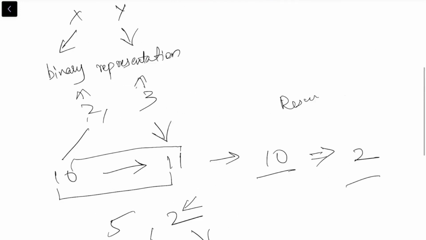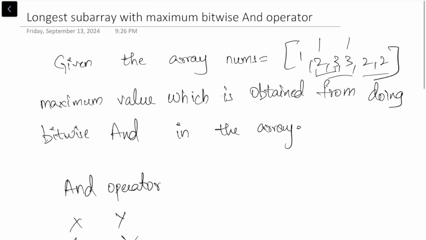But in the question, we are asked to find the value that will yield the maximum value when we do an AND operation. If you take a minimum value, however small it is, it will definitely reduce the maximum value. So what we need to do is find the count of maximum values side by side.